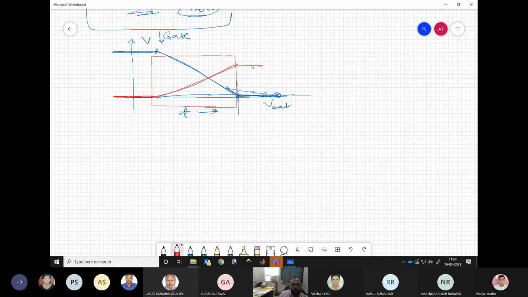So if a low value of inductor is there in the external circuit, it goes like this. But if the external circuit has a high value of inductance, it may as well go like this: an immediate rise in current and then following the rated value. This is for an inductive load.